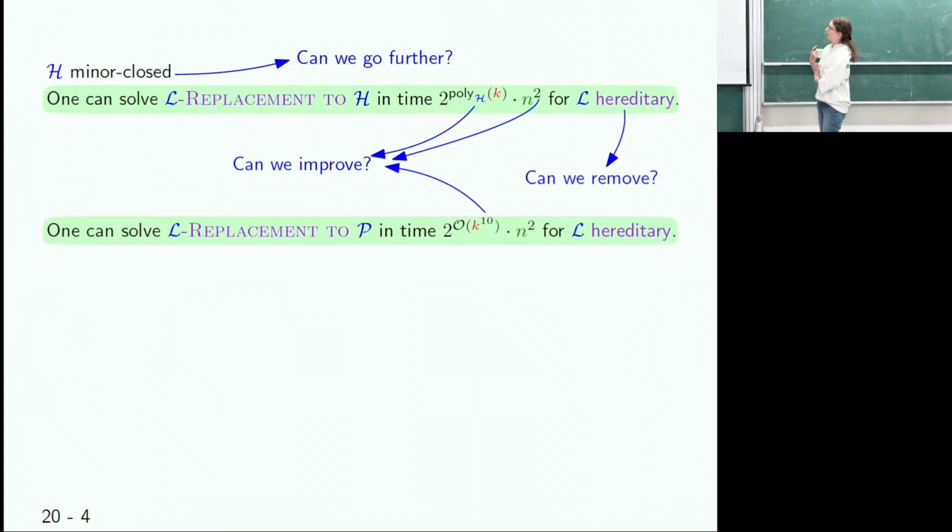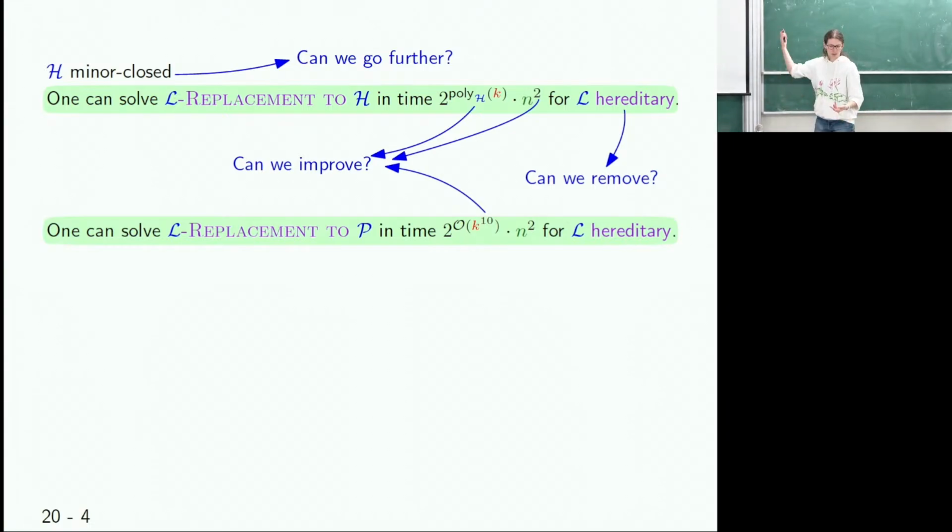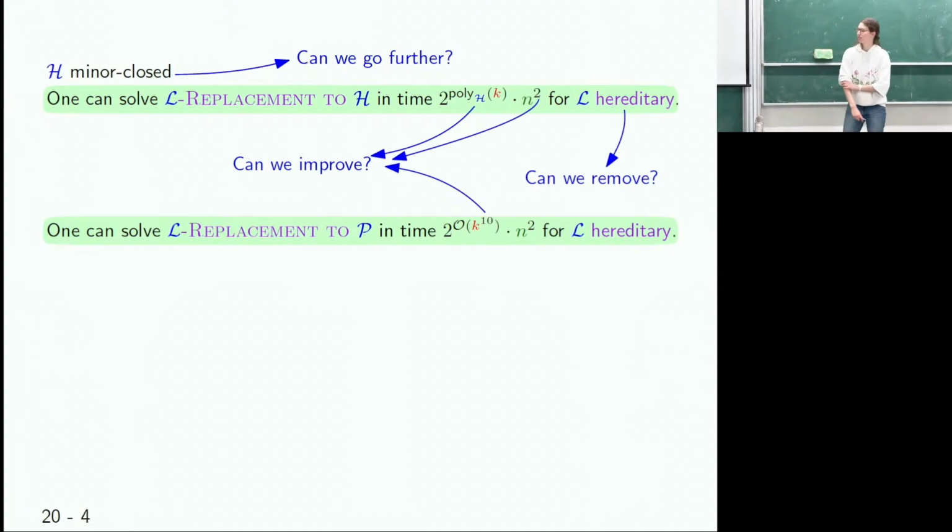Like I was saying, it's used in the irrelevant vertex technique, so if we change this, maybe we can remove it, or maybe there is a way to not use it. But somehow, for most graph modification problems, at least the natural ones, we don't care about this heredity, so it's alright.